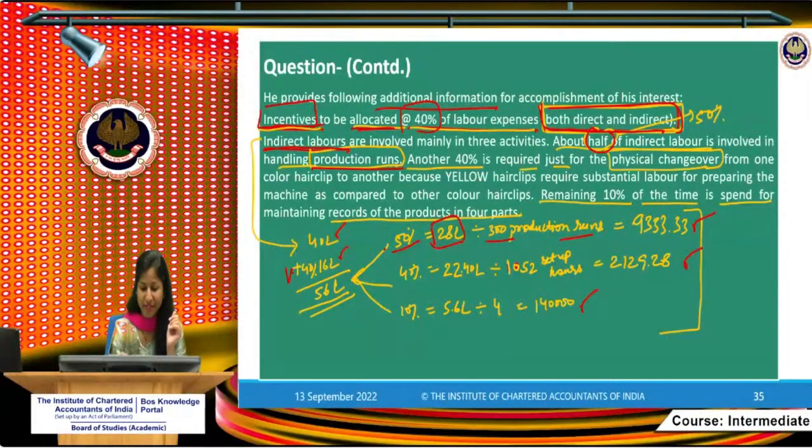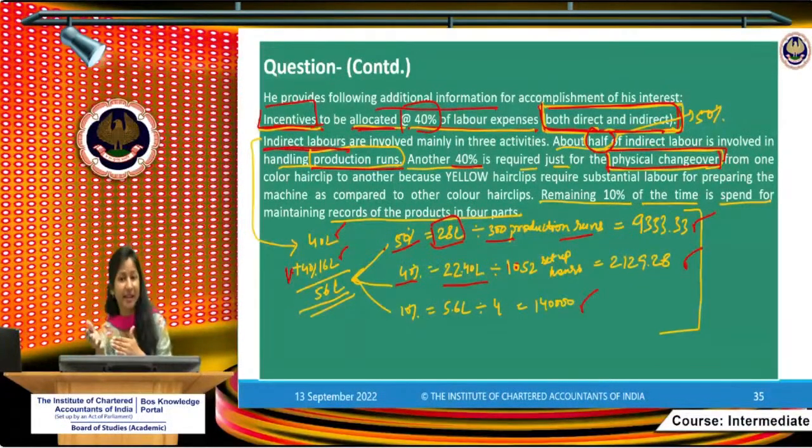Next information we had was the 40%, which comes to 22.40 lakh. It would be divided by what? The base was physical changeover. What is the meaning of physical changeover? For producing a particular color of hair clip and going to a different color hair clip, we need to clean up the setup and then put in the dye of the desired color.